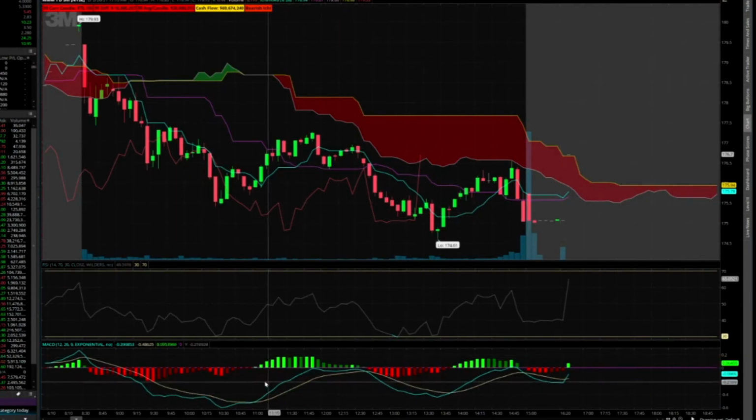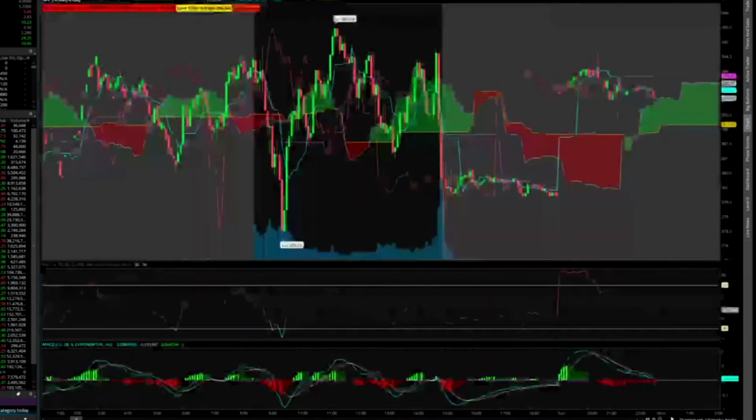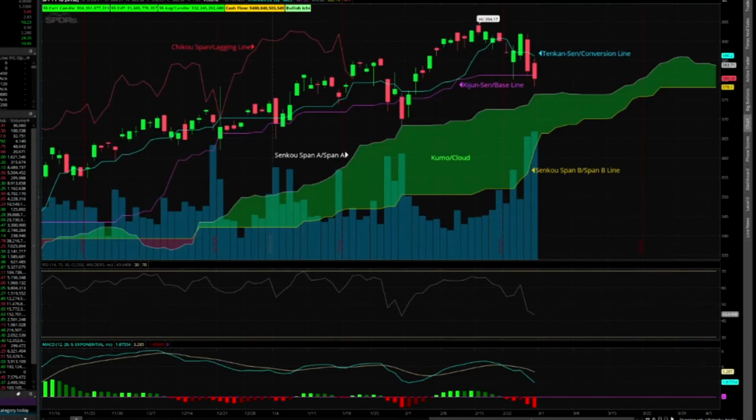So how many of you guys are familiar with how the MACD works? Essentially, the MACD indicator is a moving average convergence divergence indicator. The MACD is used to help you determine what the momentum of the stock is.